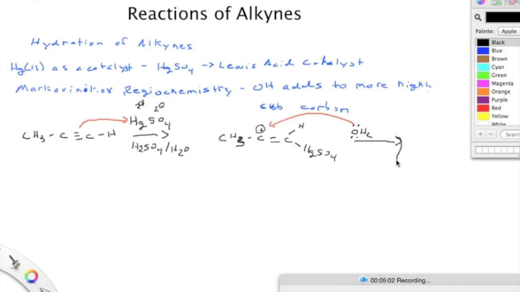So let's just turn the arrow down a little bit. And what we can see is we now have our product.